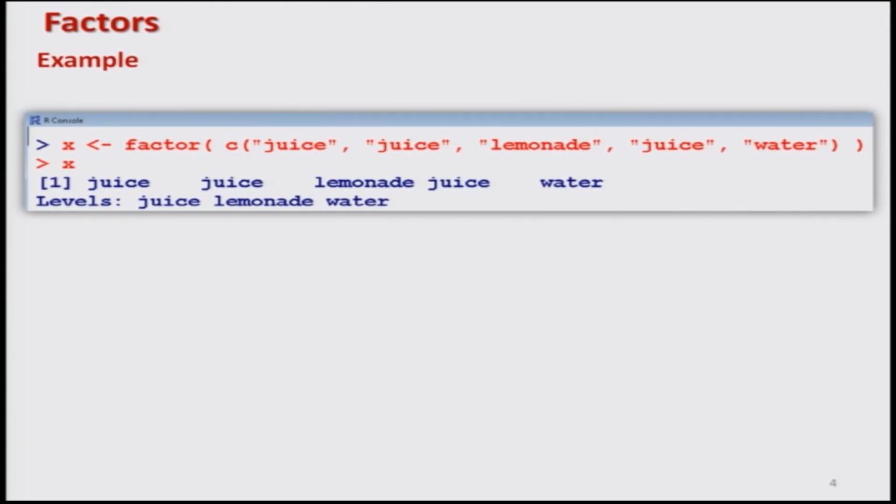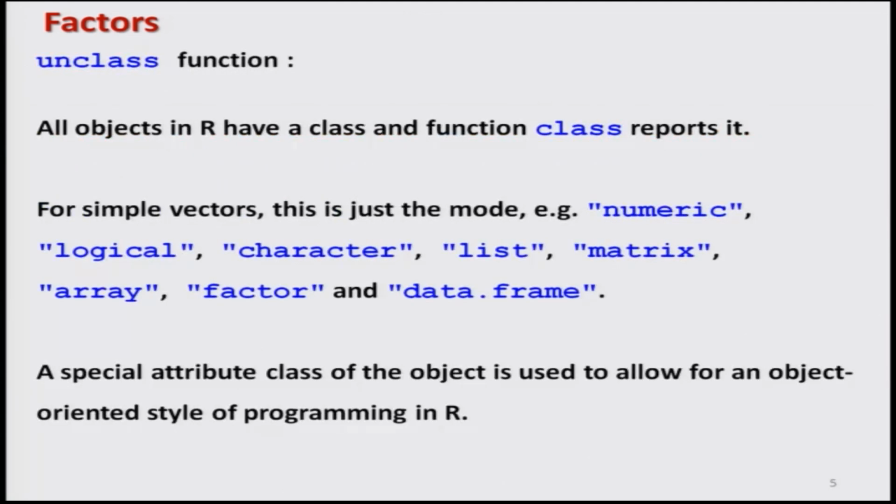Now, instead of considering some more examples, we first need to understand a basic concept, that is a small function called the unclass function, unclass, all in small letters. What is this unclass? We are going to use it further, so it is important to understand it first.